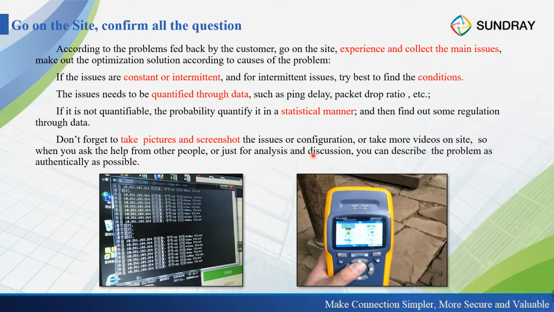For example, if they say that the authentication sometimes does not work and the portal page sometimes gets stuck in one place, we can shoot a video or take a screenshot, and then if you cannot solve it you can ask for help from the vendors. So the screenshots or the videos can help us to identify the issue also.